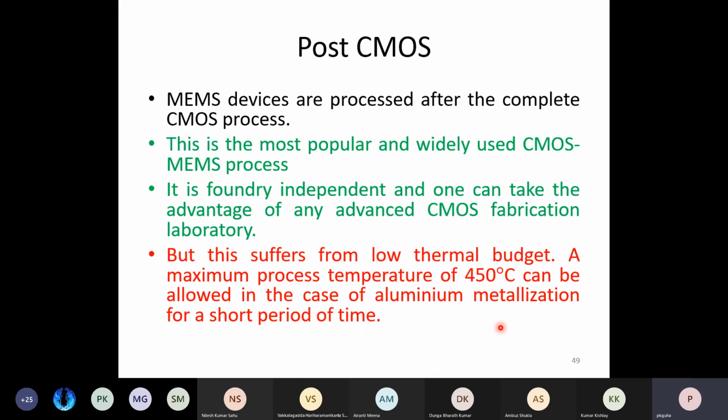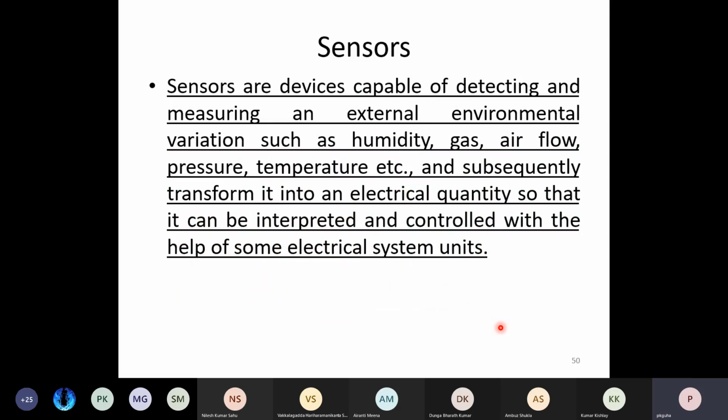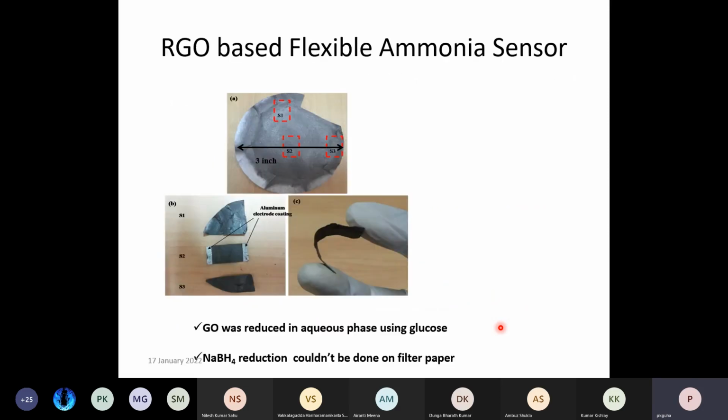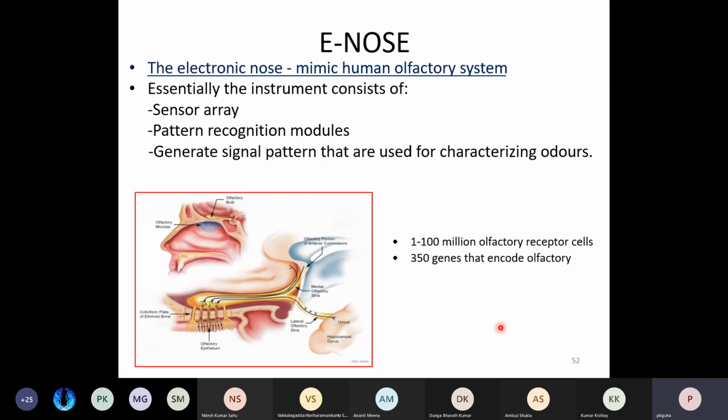Okay, what else? I'm just keeping all these to show that we have developed sensors on filter papers, and research has been going on to develop various nano devices, for example, to mimic human organs.